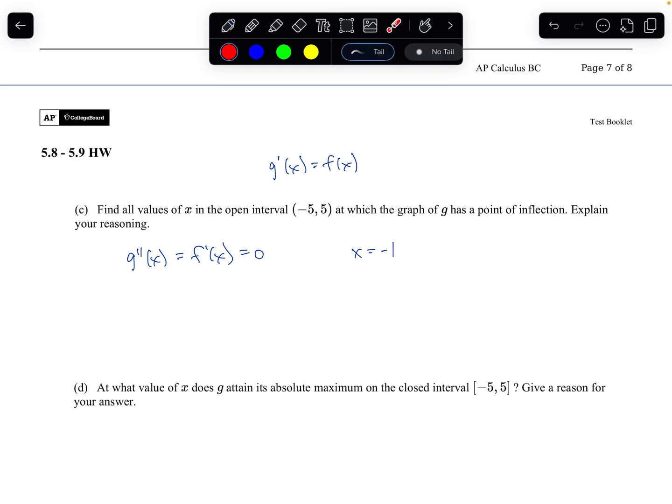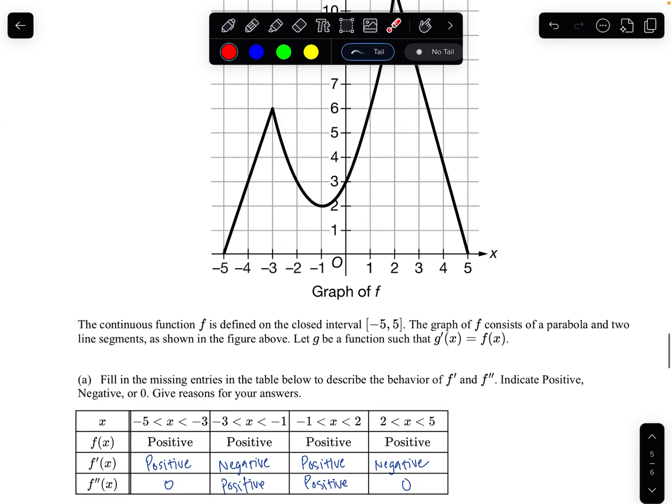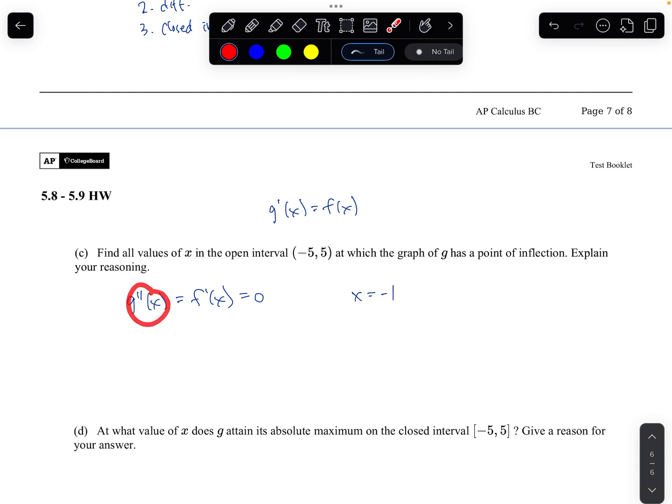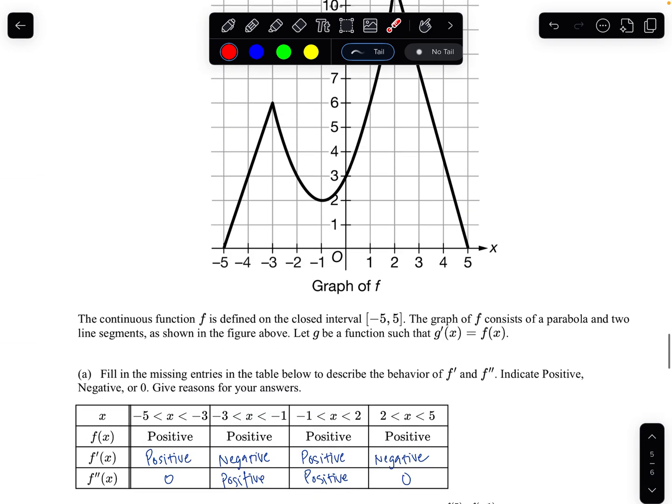And then you can see here that the derivative, so if this is f prime of x, because g prime is equal to f of x, and then g double prime is equal to f prime, so the slope of this graph, it's 0 here, negative then positive, so there is a point of inflection right there. So the point of inflection is at -1.